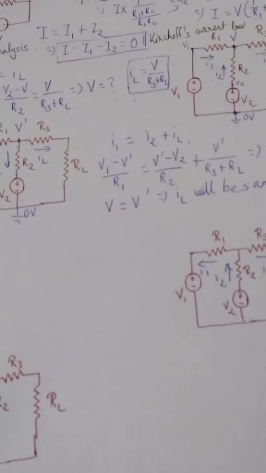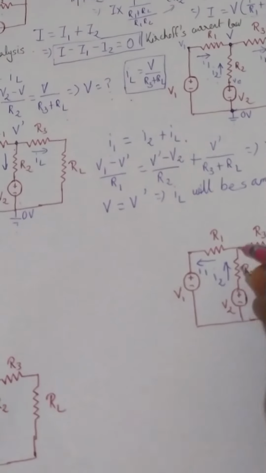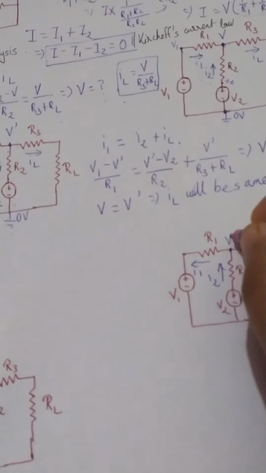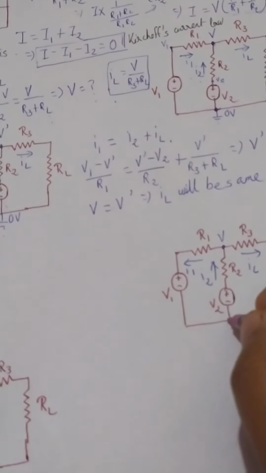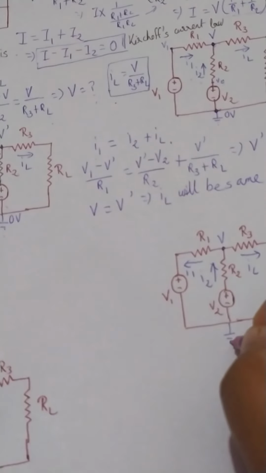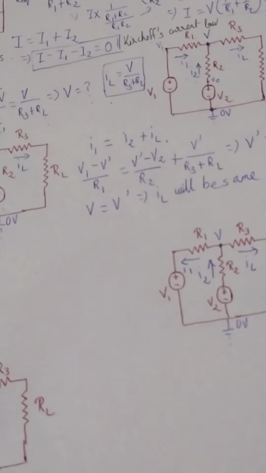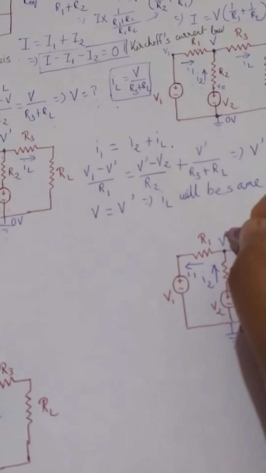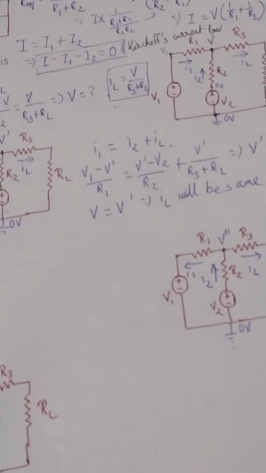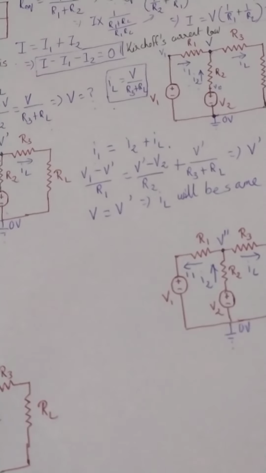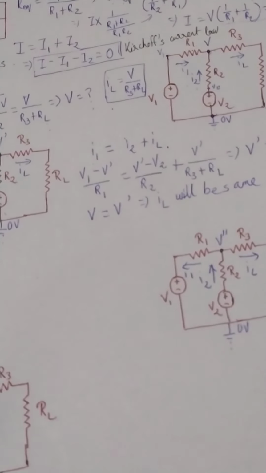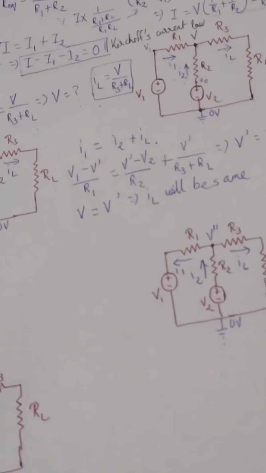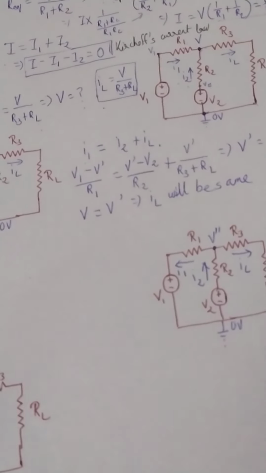This particular expression is going to change, because now at this particular node I am assuming the voltage V, and this point is at 0 volt. Let me not take V, let me take V double dash. If you calculate, you will find that V, V dash, V double dash, whatever we are getting, is the same value.